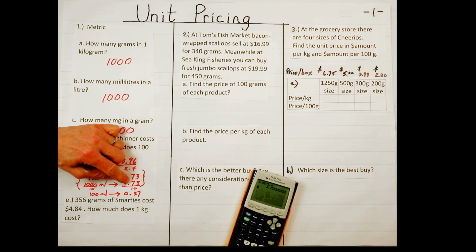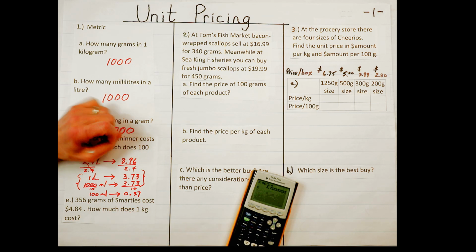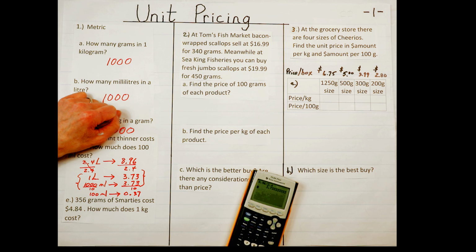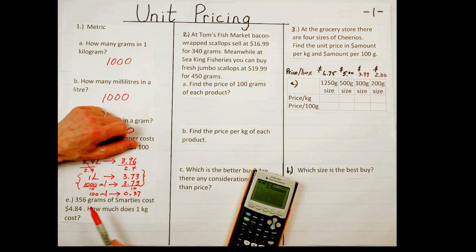My favorite way to write cents is $0 decimal 37, as opposed to just 37 with a cent sign. 37 with a cent sign often gets people in trouble, so I encourage you, when you write 37 cents, to write $0 decimal 37.